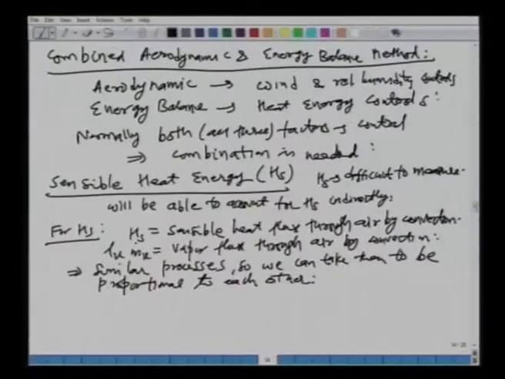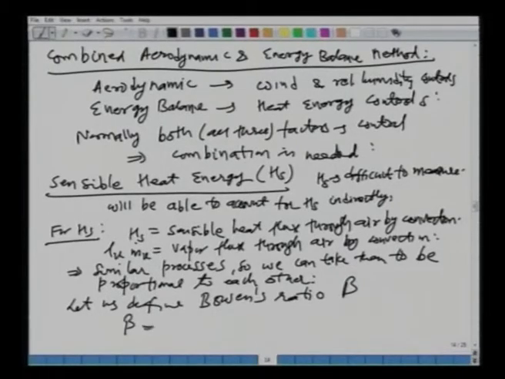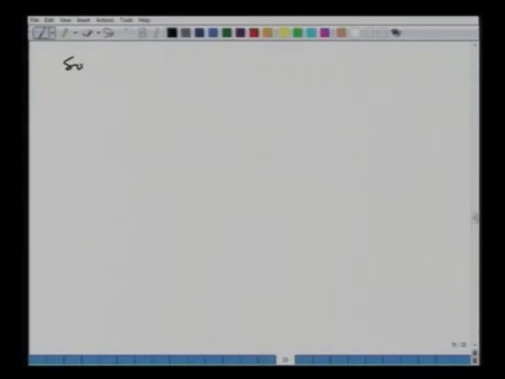So, let us then define a ratio which is called the Bowen ratio, beta. How do we do that? It is the ratio of Hs and Lv m dot V, that is all, which is equation 3.5.19, with G equal to 0.